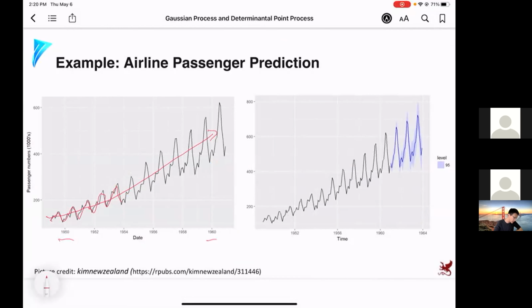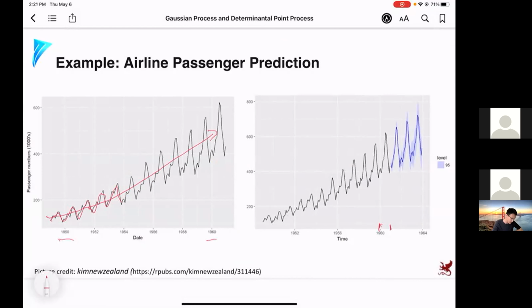So we want to fit a model to capture both trends. In this case, the Gaussian process with the kernel we just talked about is a perfect choice, because we want points to have a high influence on each other when they are close, like 1960 and 1961. If we look at the two axes here, the y values should be correlated. And we also want to capture this periodicity.